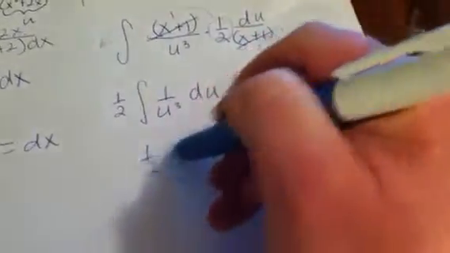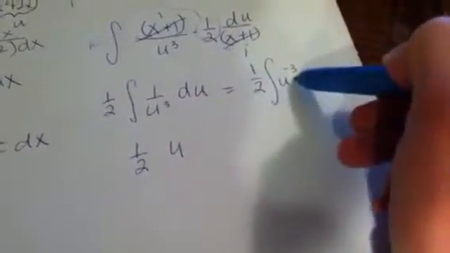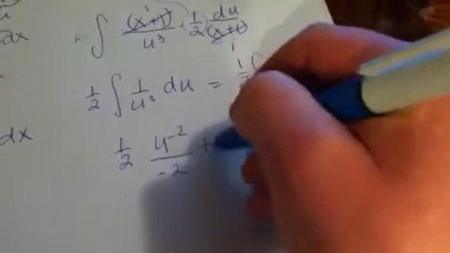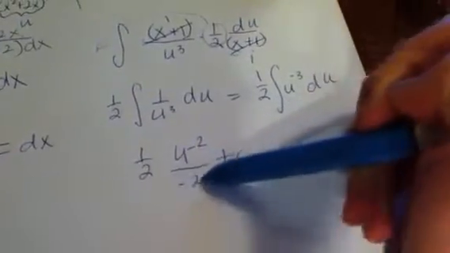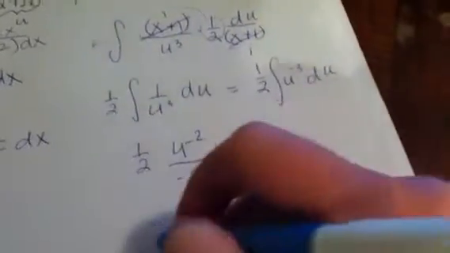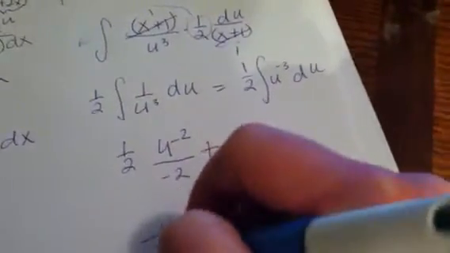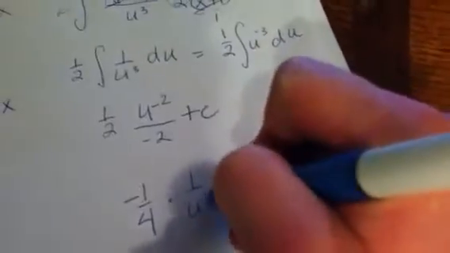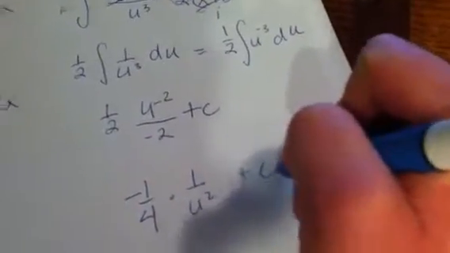So we're left with 1/2 u to the negative 3 plus 1, which is negative 2, divided by negative 2, plus c. Okay? So now we have negative 1/4 times 1 over u squared plus c.